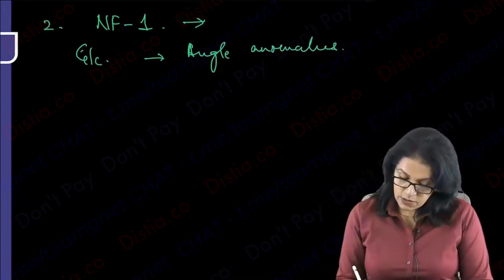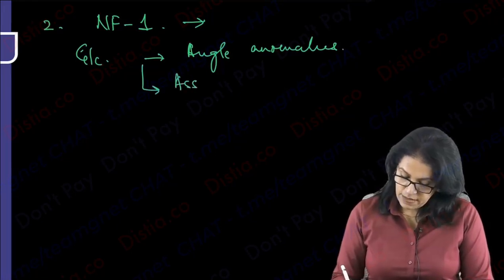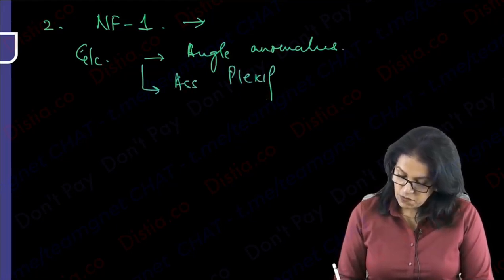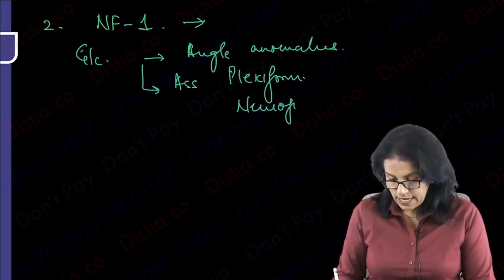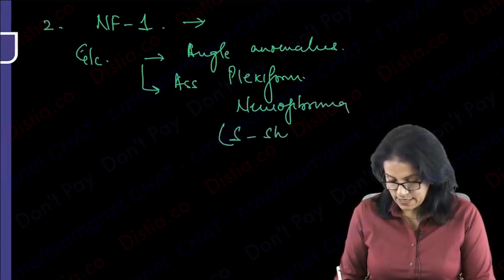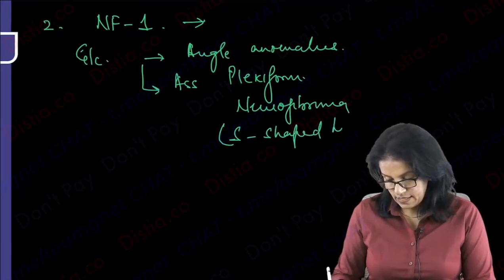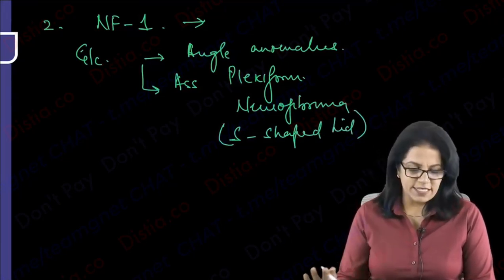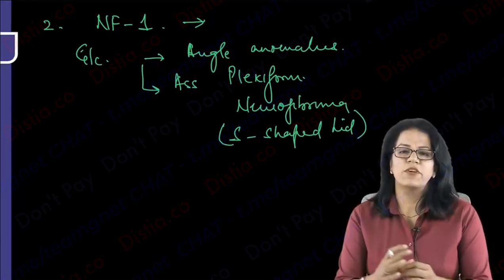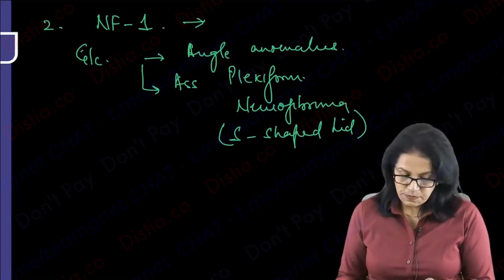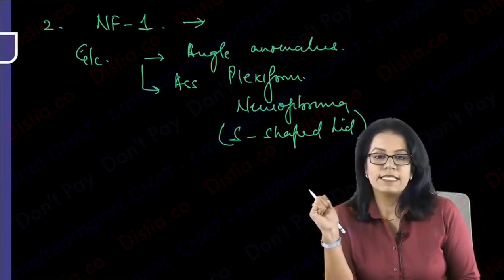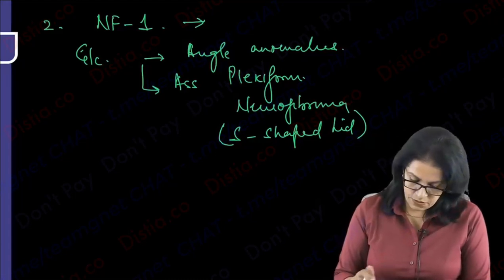And it is generally associated with plexiform neurofibroma. You know plexiform neurofibroma, which gives S-shaped lid formation. S-shaped lids. Let me show you. Just these points are important. We'll talk a little more about NF1 in the further chapters. Right? So, this is about NF1.